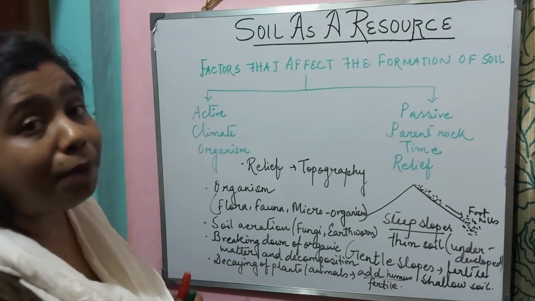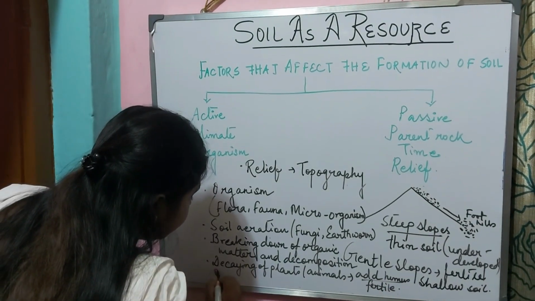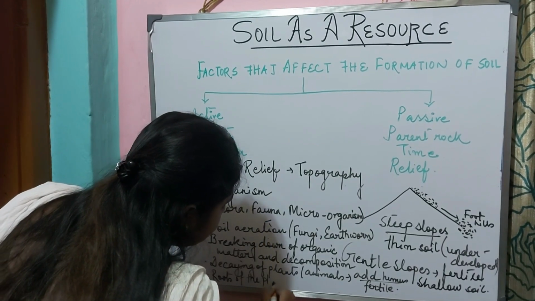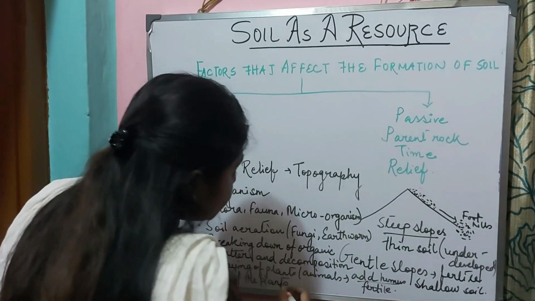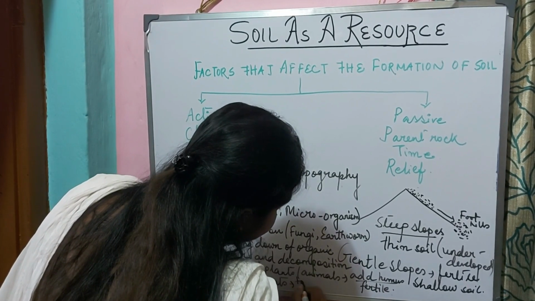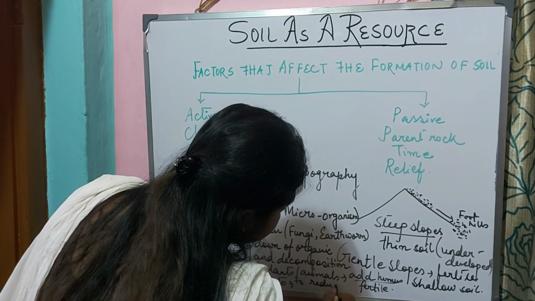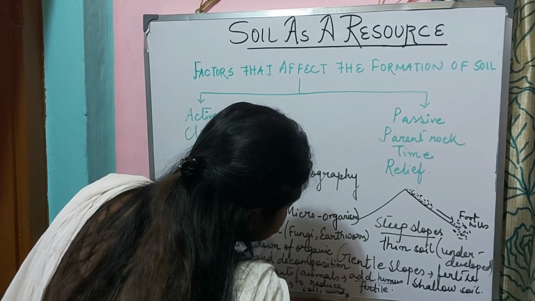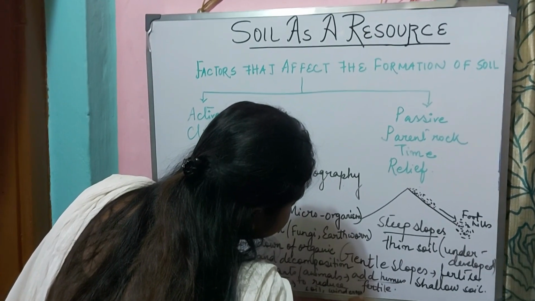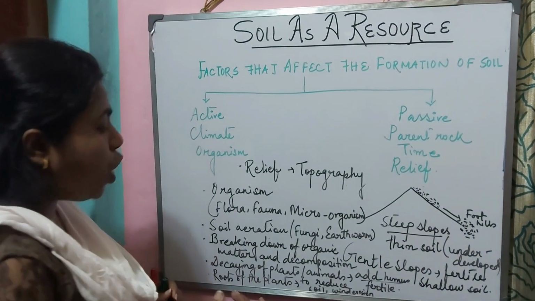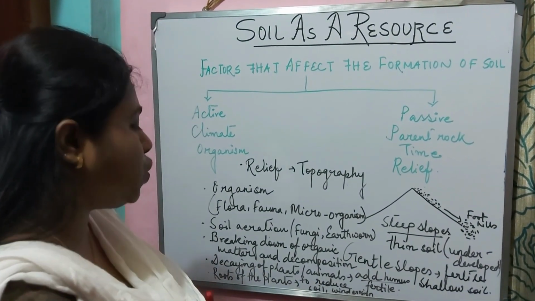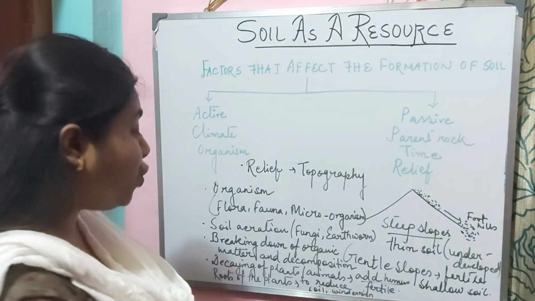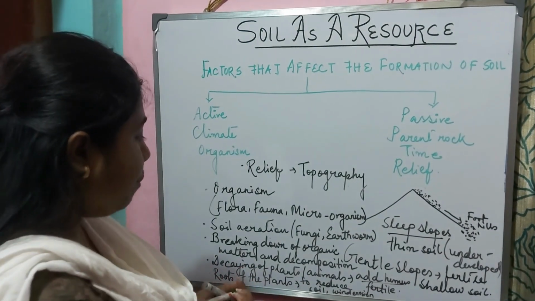The roots of the plants also help to reduce soil and wind erosion. Why? Because it holds the soil, it binds the soil. So soil erosion, wind erosion or water erosion can be reduced by the roots of the plants.